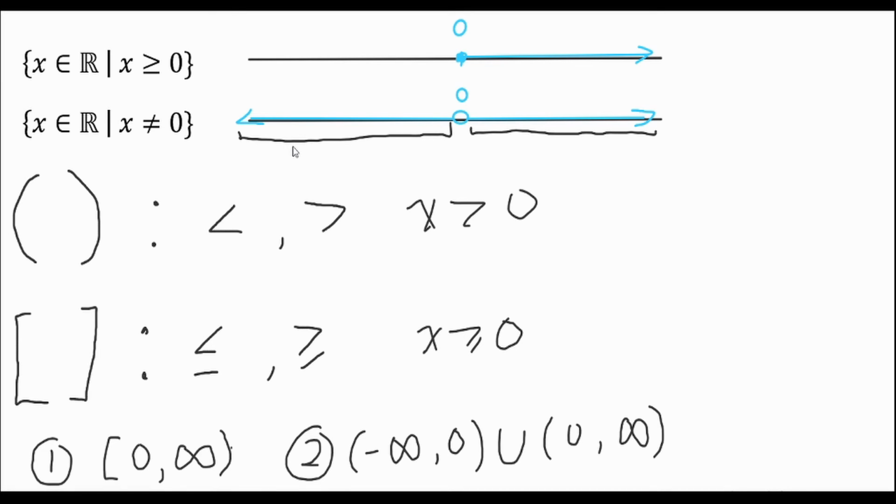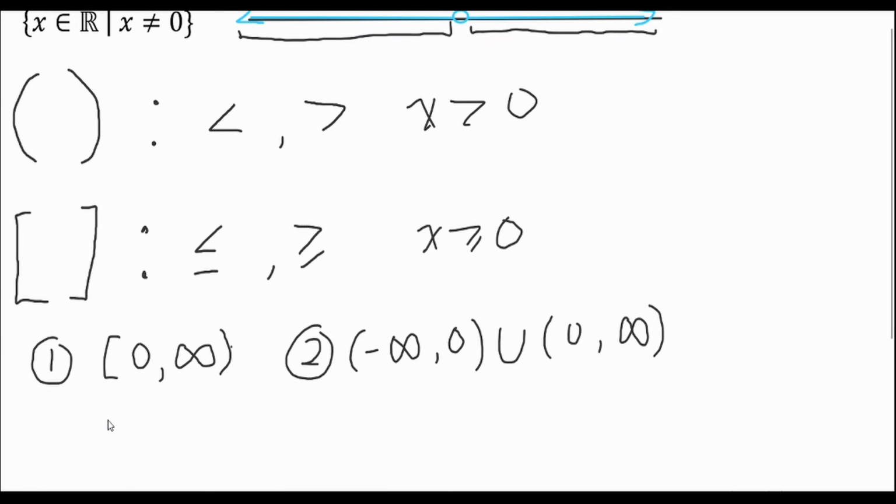Now let's consider why I've used the open parentheses for infinity and negative infinity. Well, first of all, we must realize that infinity is actually a concept. It's not a number. Because when I tell you we have an infinite number of things, that doesn't actually mean anything because it's undefined.